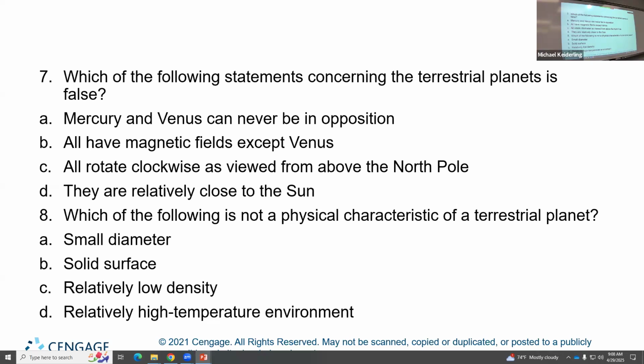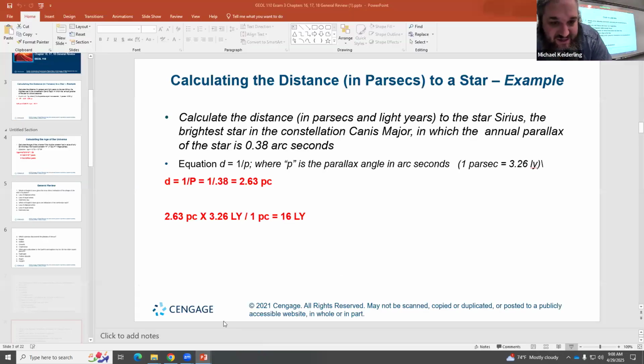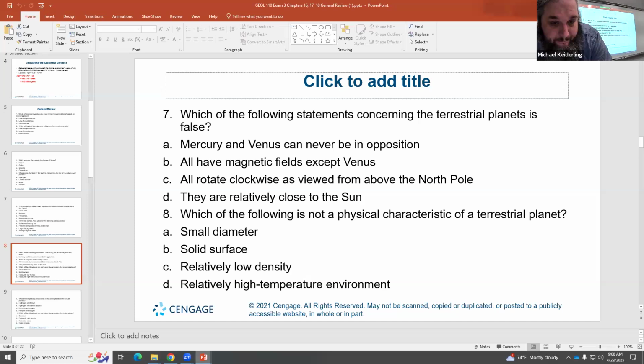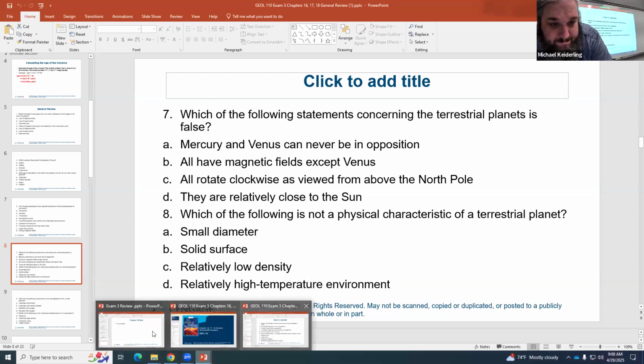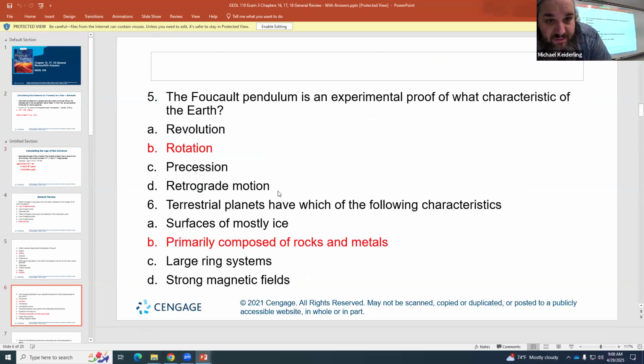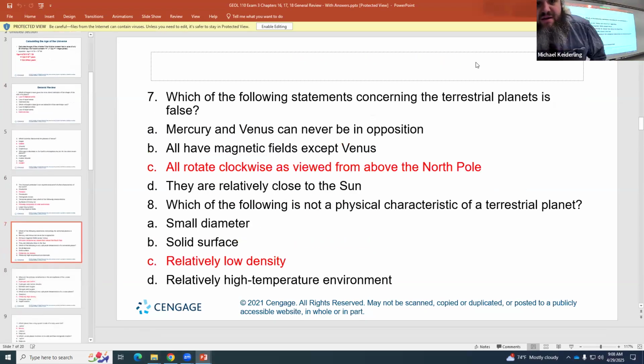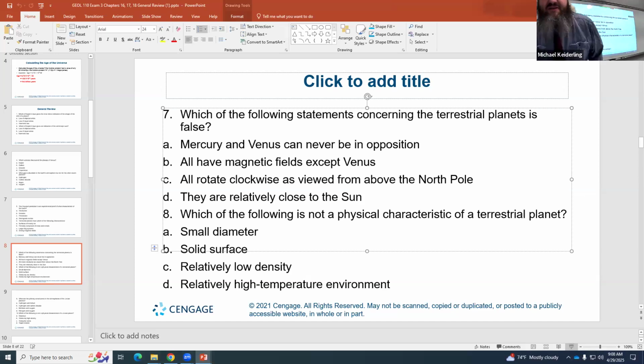I'm not sure. Let me check the answer key for this. This is a weirdly posed question. Okay. Oh, that's an opposition as seen from Earth.